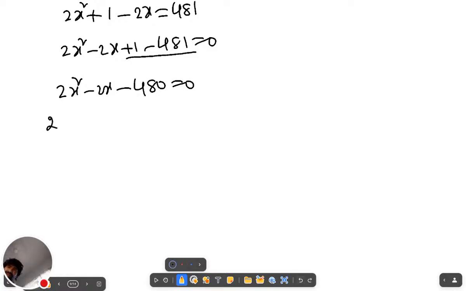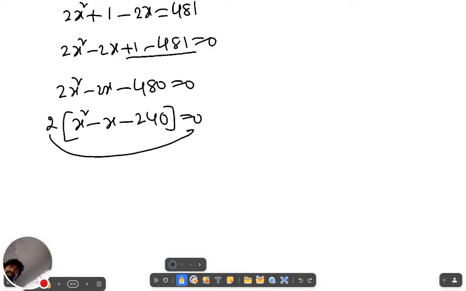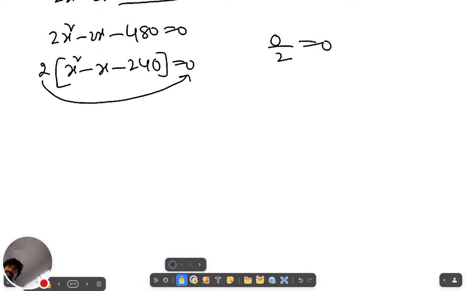So we will have 2 times x squared minus x minus 240 equals 0. If we send 2 to the right side, it becomes 0 by 2, which is 0. So we can write x squared minus x minus 240 equals 0.